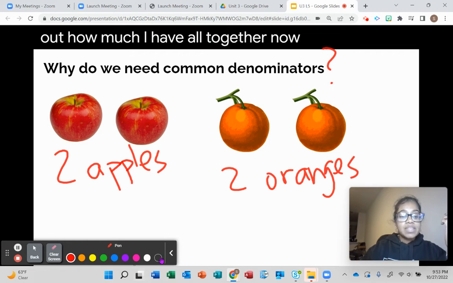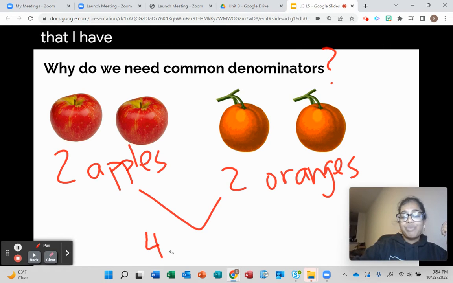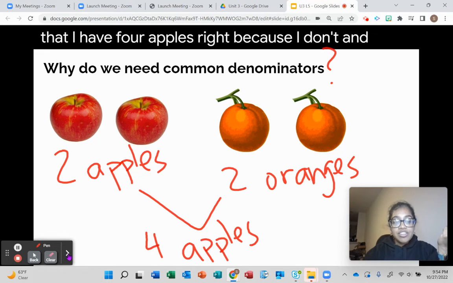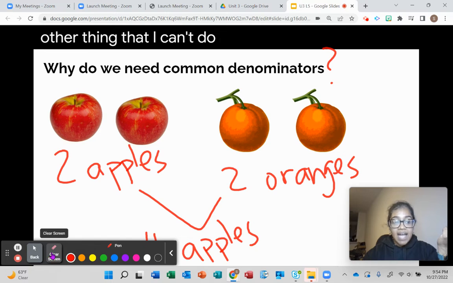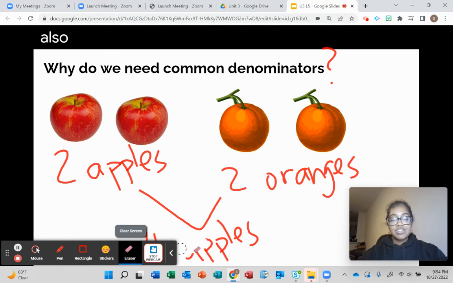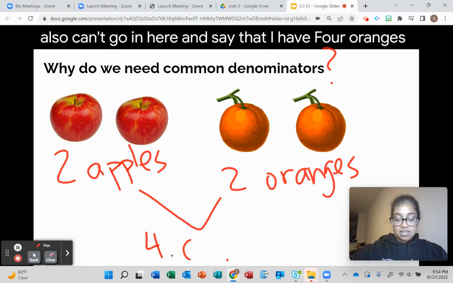Now, something that I can't do is combine these together and say that I have 4 apples, right? Because I don't. And the other thing that I can't do is say that I have 4 oranges, right?